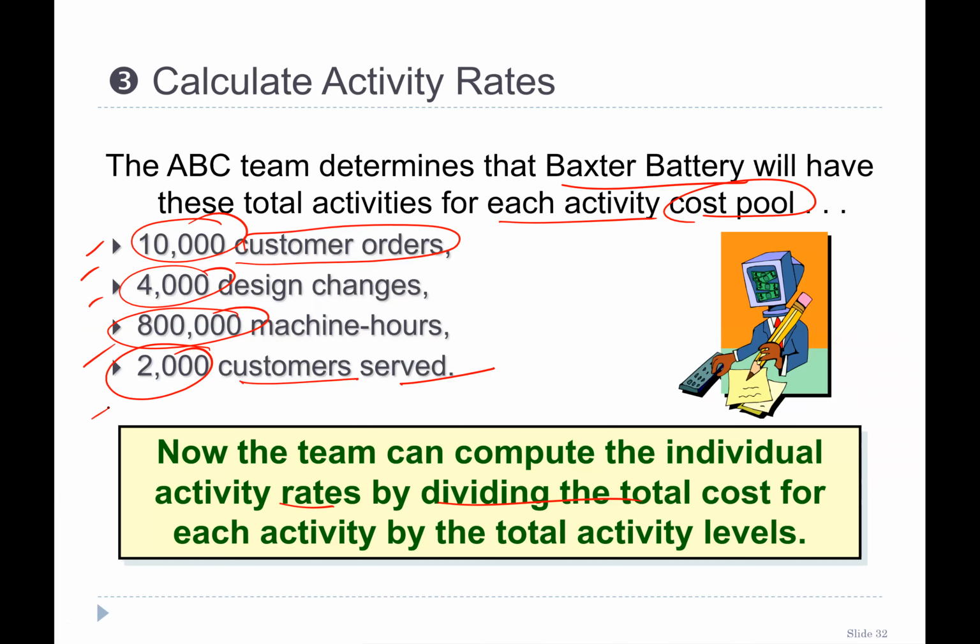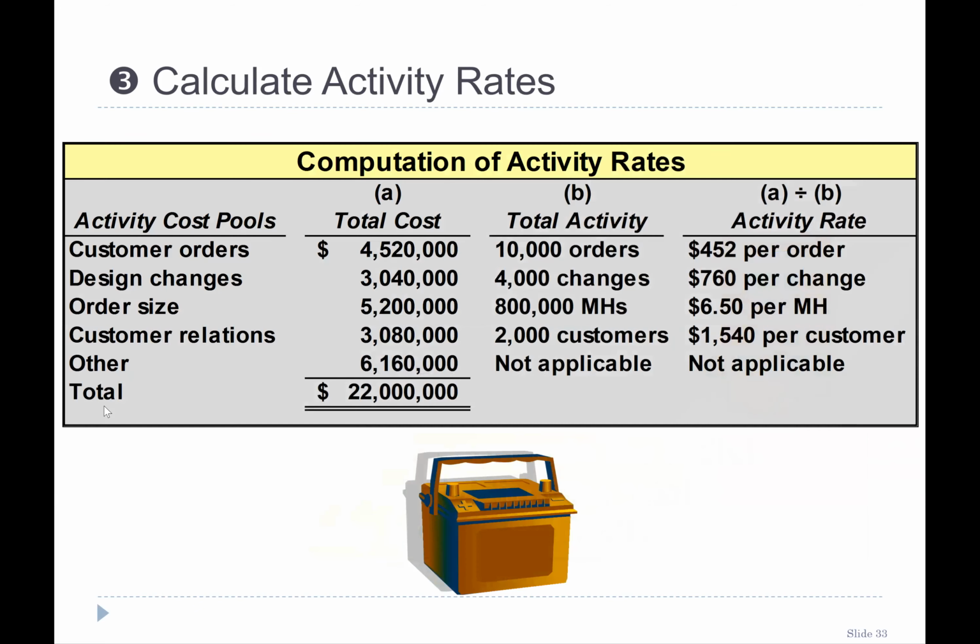All you need to do is divide the cost pools by their cost activity. Per customer order: there are 10,000 orders and the total cost is 4.52 million. We divide it, we get 452 per order. Then we have design changes: 3.04 million over 4,000 design changes is 760.